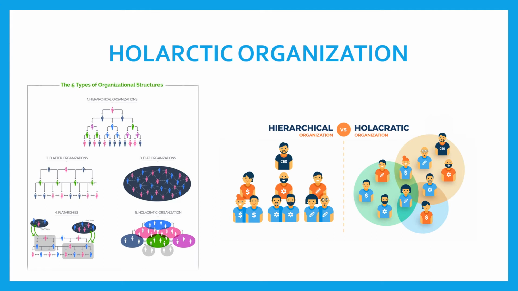In this class, we will try to study the holacratic organization or holacratic structure. This organization structure is a new way of structuring and running your organization. Instead of a management hierarchy, instead of a top down approach, it gives individuals and teams freedom while aligning to the organizational purpose.